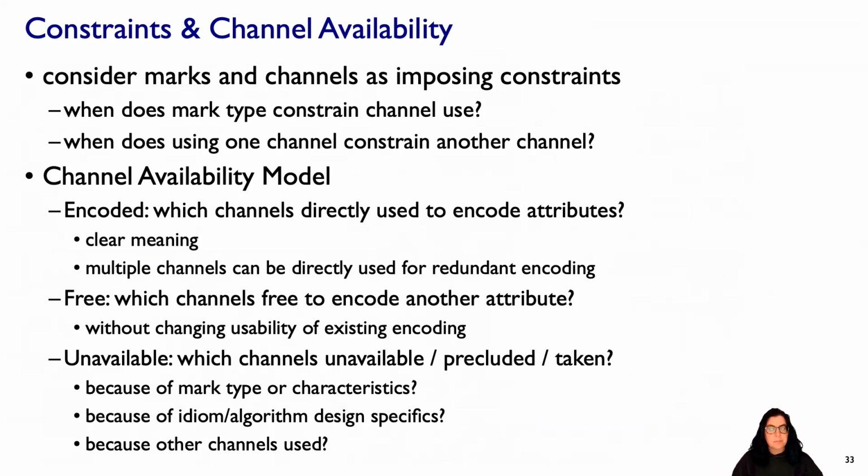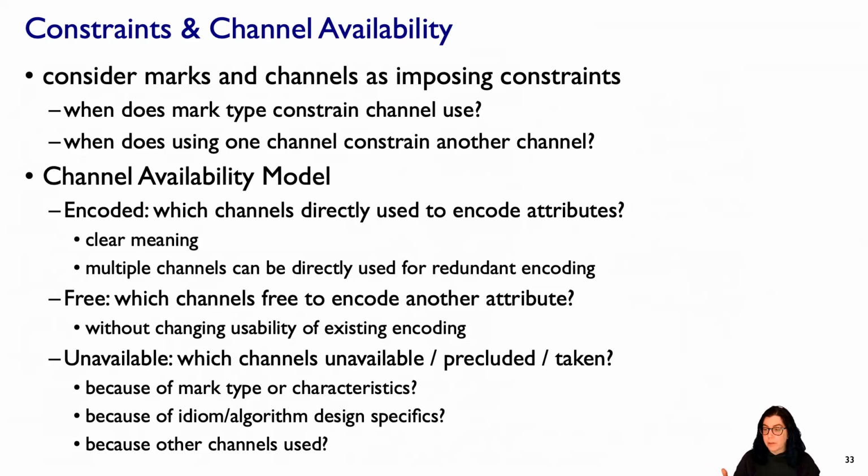So let's think about this in terms of, is the channel available? In some visual idioms, we've got data that's encoded. We've directly used a channel to encode an attribute. It means something. We can actually decipher this. It makes sense. And of course, as we already talked about, multiple channels could be directly used for redundantly encoding.